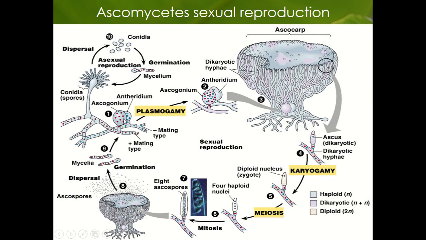They can self-mate. After they mate, they will undergo plasmogamy, the fusion of the cytoplasm, and then they will form an ascus, a sac-like structure. The nuclei in the ascus will later undergo karyogamy, the fusion of nuclei, forming a zygote.